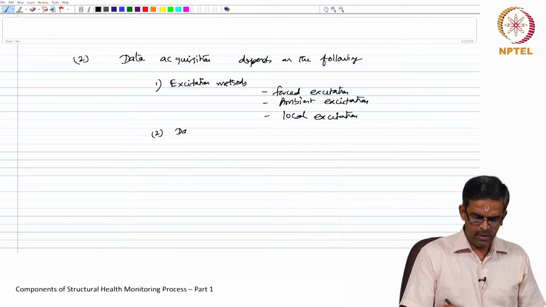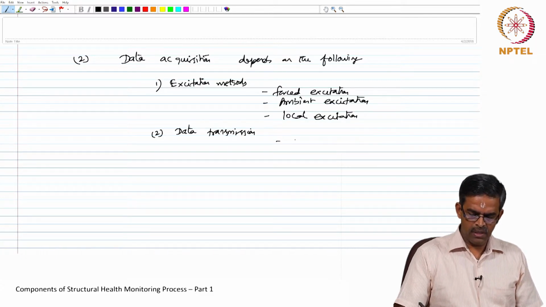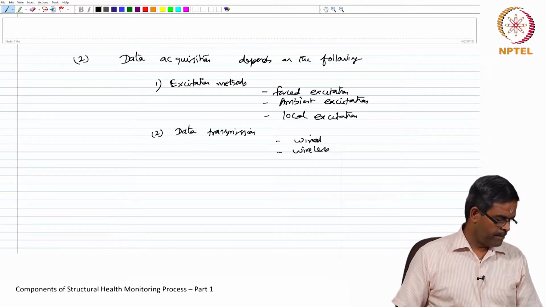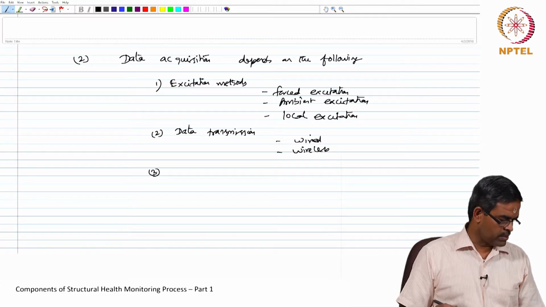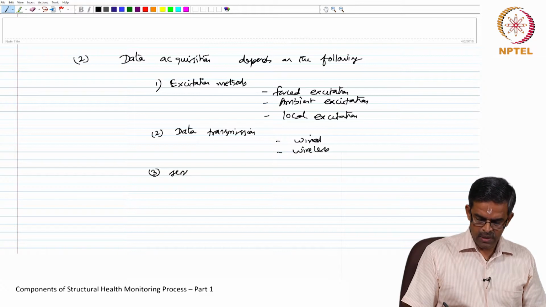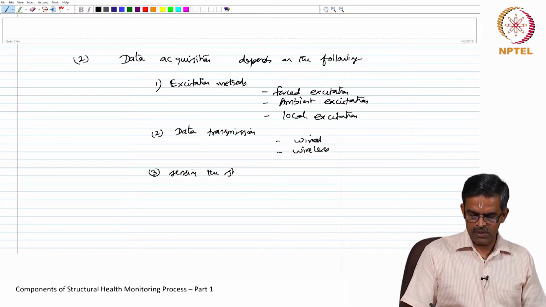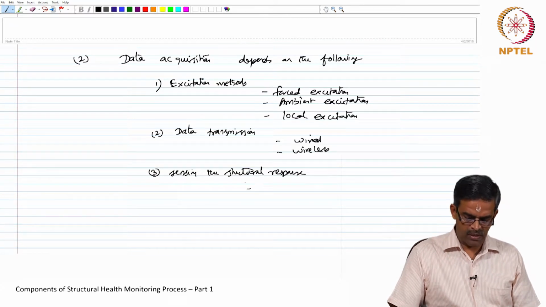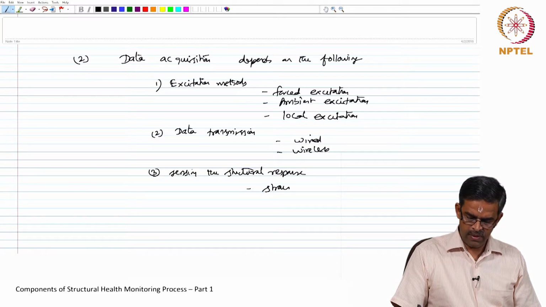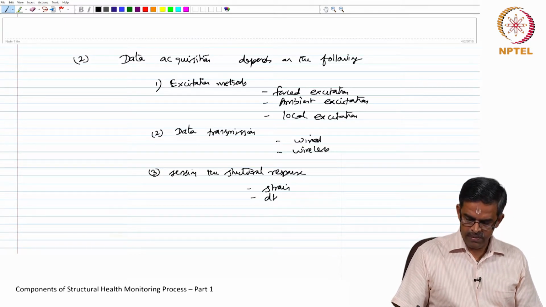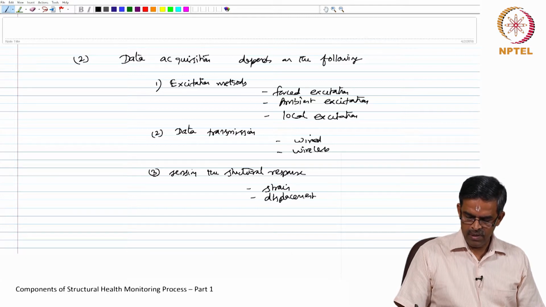Second could be the problem with data transmission. Is it essentially wired or wireless? Third item is related to sensing the structural responses. I mean, what kind of response are we actually measuring from the structure? Is it strain? Is it displacement? Is it acceleration? Is it temperature variation?